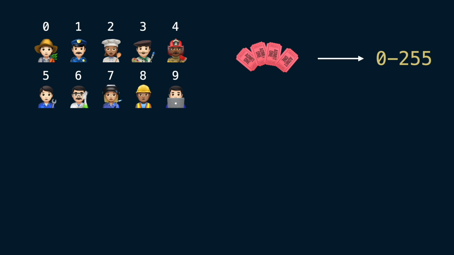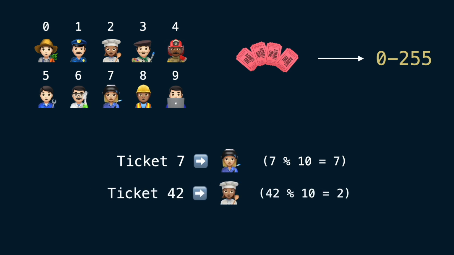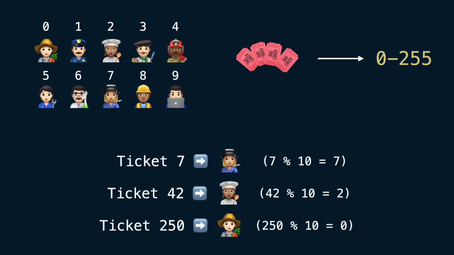To make it fair, we decide that we'll take each ticket number divided by 10 and use the remainder as the person's number. That means ticket 7 goes to person 7, since 7 modulo 10 is equal to 7. Ticket 42 goes to person 2, ticket 250 goes to person 0, and so on.